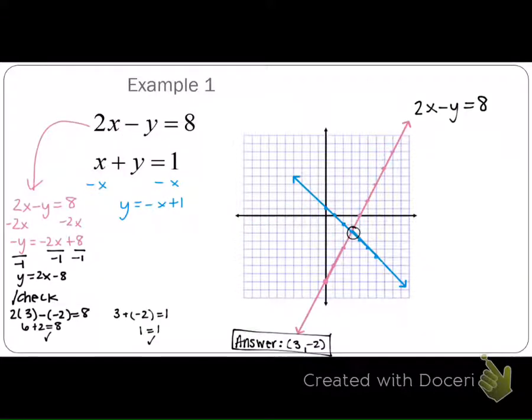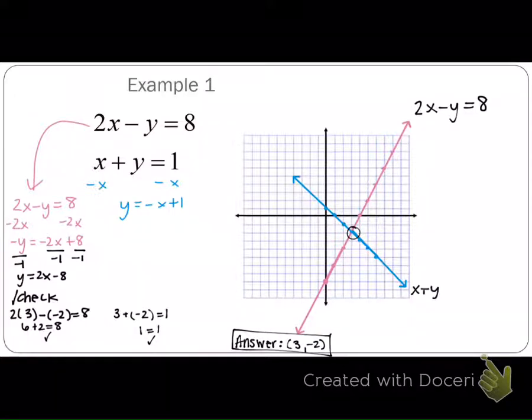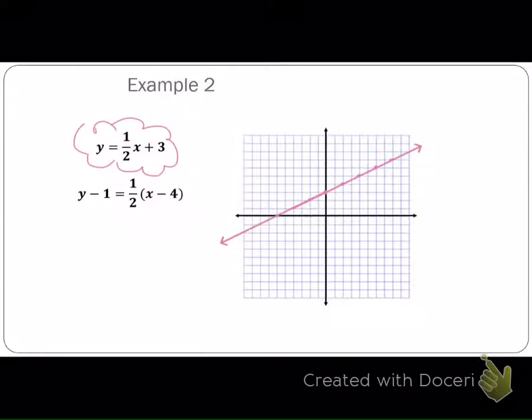Oh, I forgot to label the other line on this one, so I just went backwards. I'm struggling. So it's x plus y equals 1 on that one. So don't forget to label your lines. So this is y equals 1/2 x plus 3.